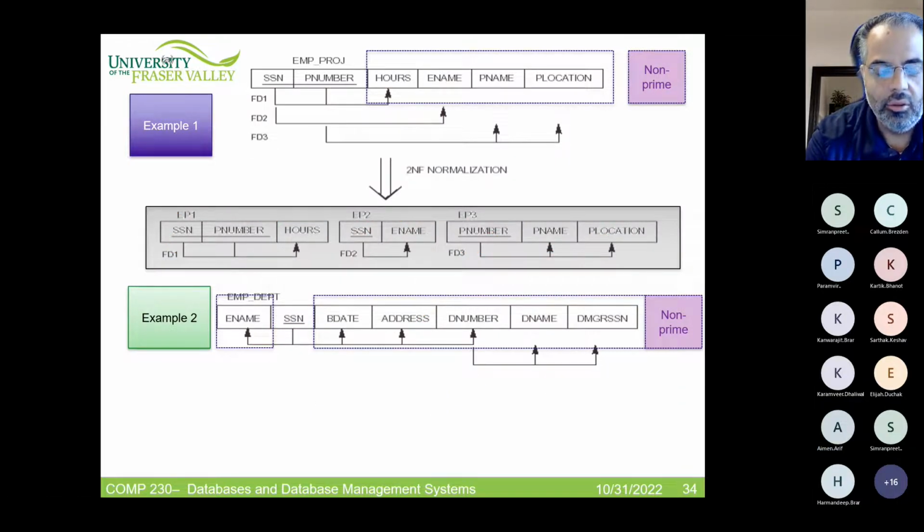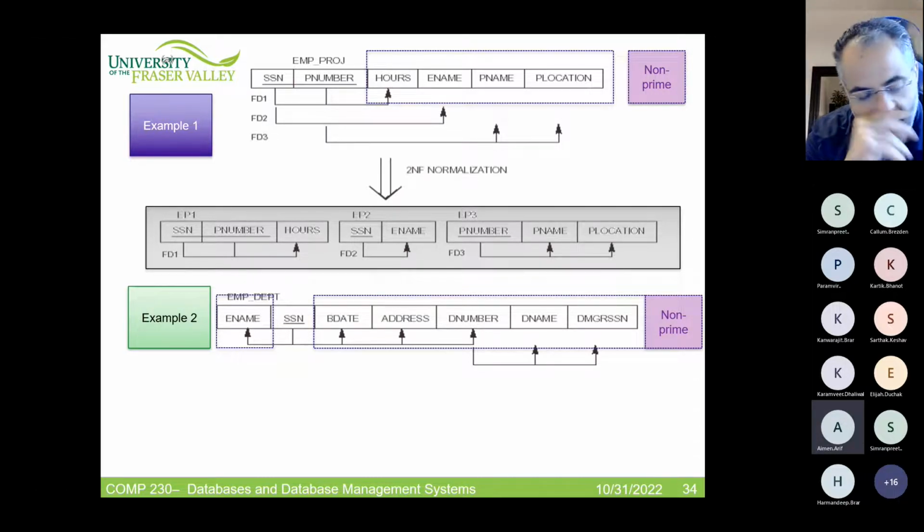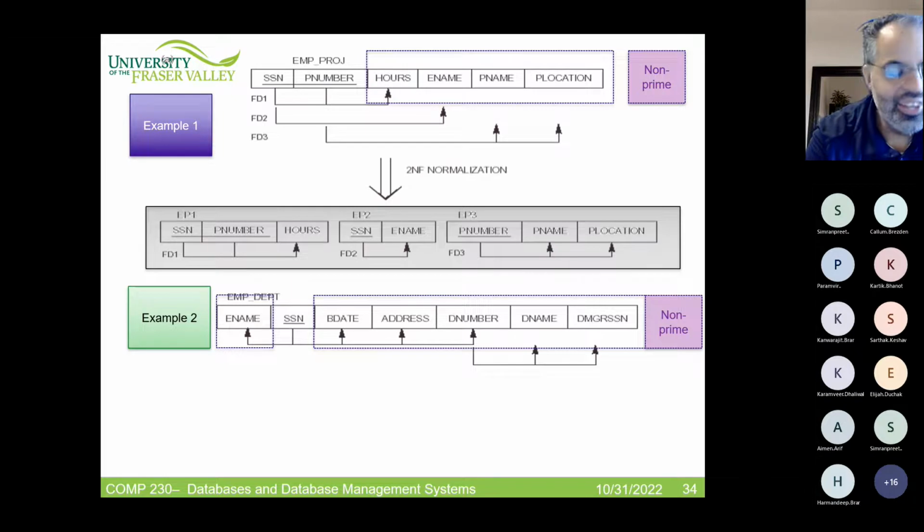Okay, so can you tell me again what is the definition of the second normalization? Yeah, the second normalization uses the concept of FDs. That's correct, but what is the condition to say that this table fulfills the requirement of the second normalization?